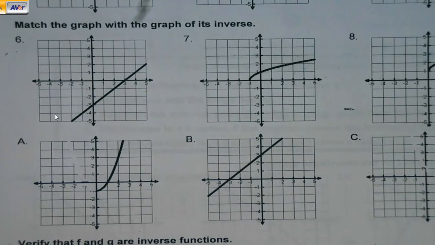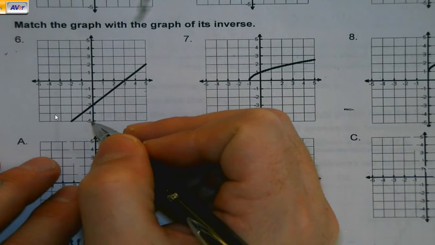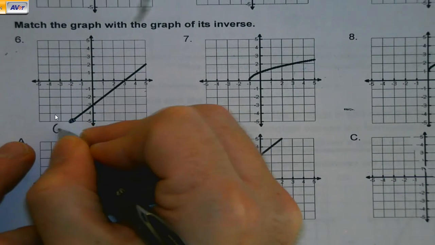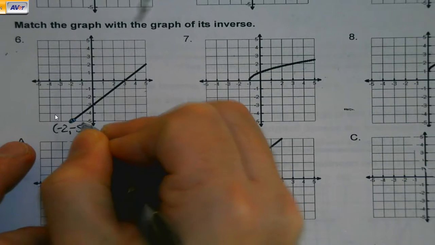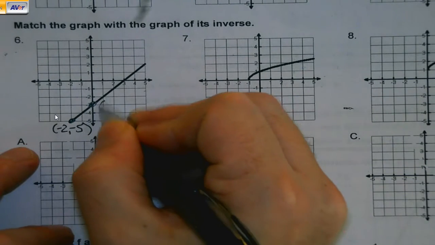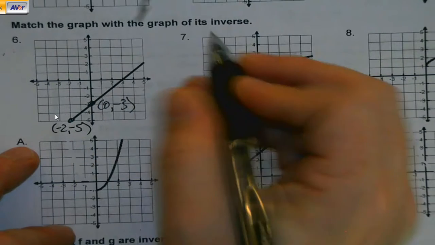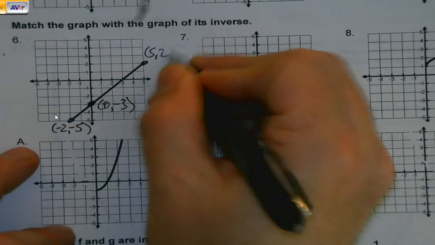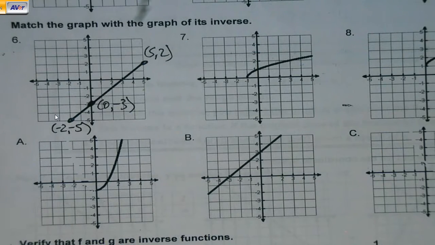Well, what I would do is find some points that I could easily label. Okay, and it doesn't matter where they are. If you find any random points here, just pick a few. You don't have to do them all. Just write down a few coordinates.